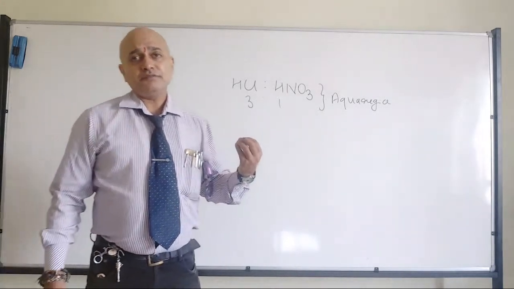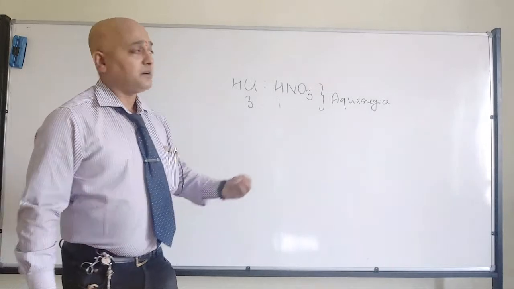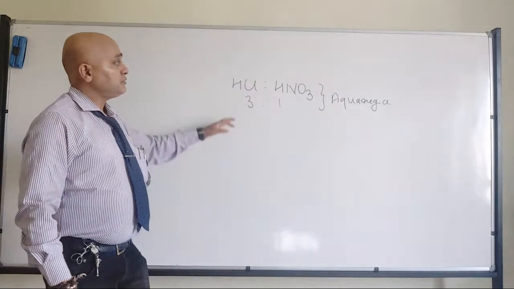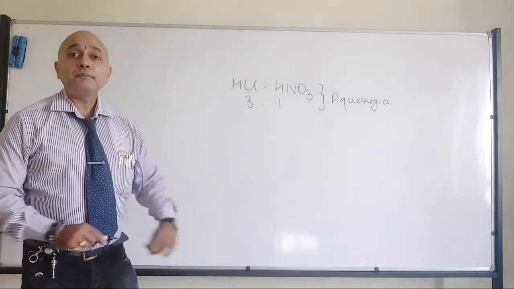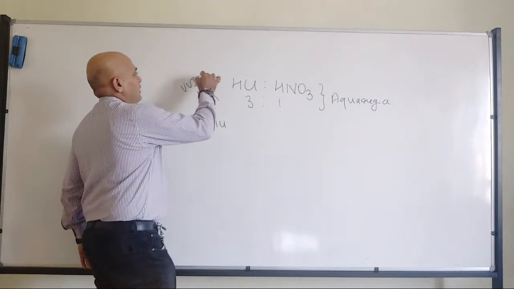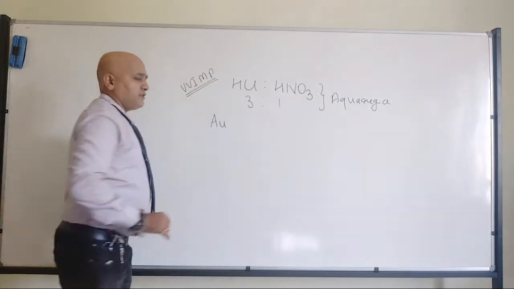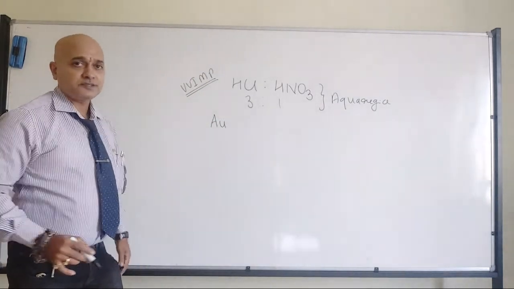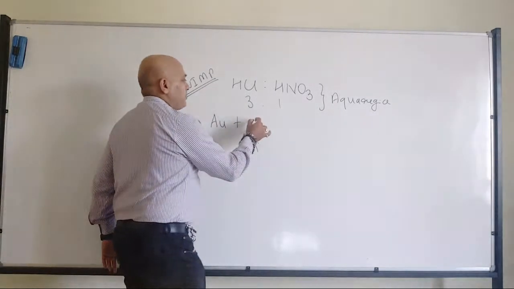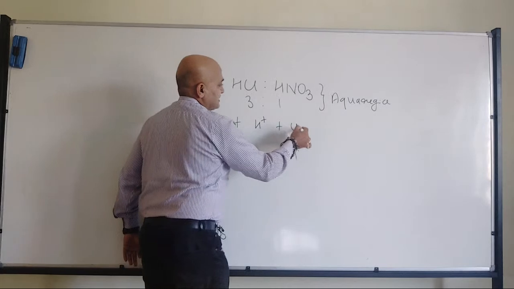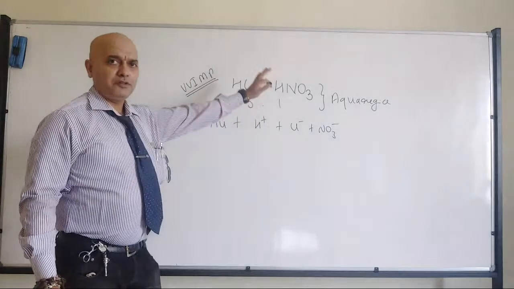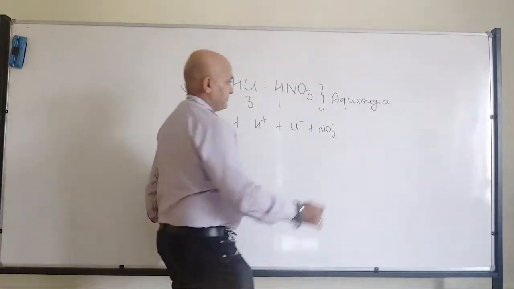Most acids do not react with gold and platinum, but in this combination they have the capacity to react with gold and platinum. For example, this is very important from an exam point of view. We have gold, HCl, HNO3; whatever ions you are going to get, H plus, Cl minus, NO3 minus, just write them.